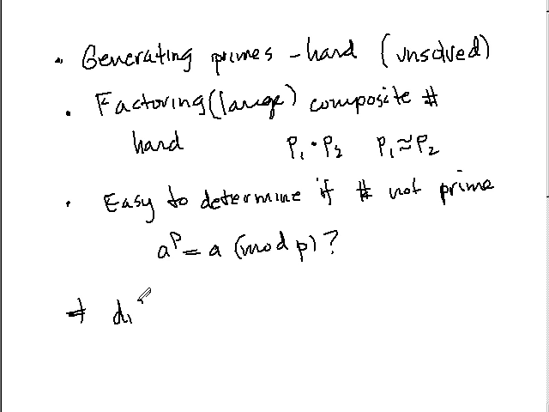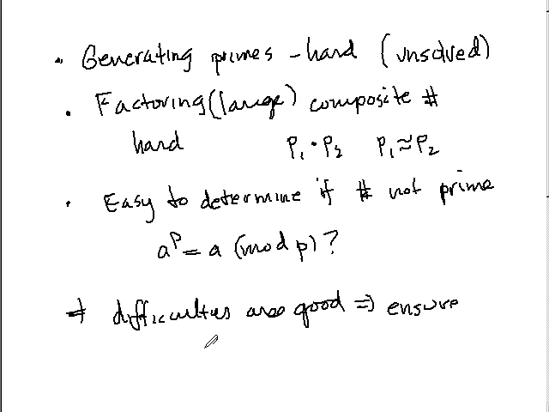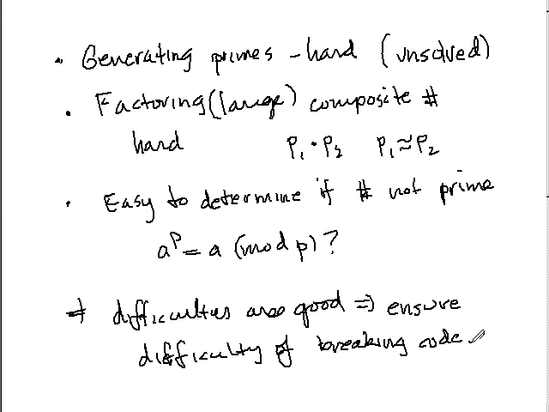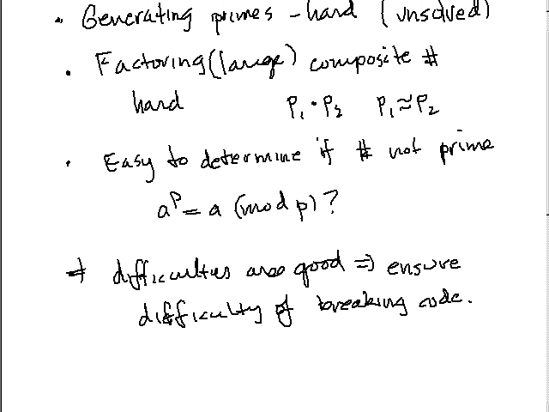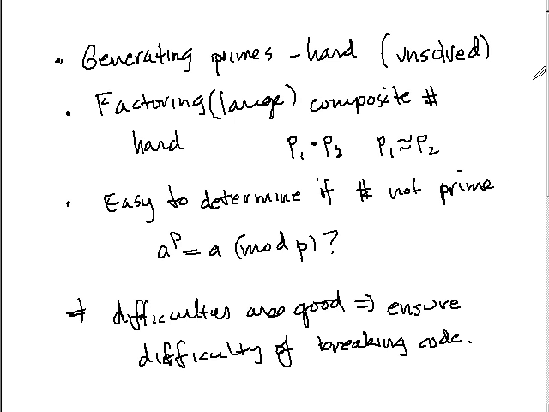So all of these together, essentially, the difficulty is what underlies good codes, because the difficulties ensure the difficulty of code breaking. Maybe next lecture we'll talk a little bit about, not the RSA encryption algorithm, because someone's doing that as a project, but general code breaking in particular.